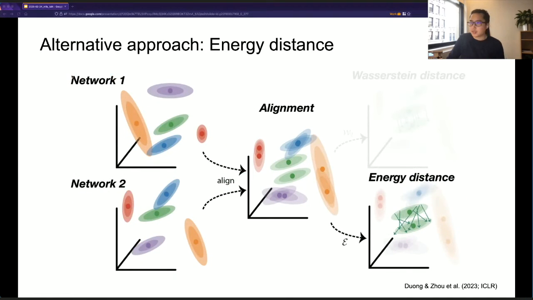So to answer Colin's earlier question, whereas Wasserstein can be thought of as a sort of what's called a transport plan that maps one density into another with the least amount of work, in the paper we also propose a different distance called energy distance, which describes a different transport plan that is the maximum entropy transport plan. Intuitively, it is the cross covariance between two aligned joint densities that is not explained by within-network variance.